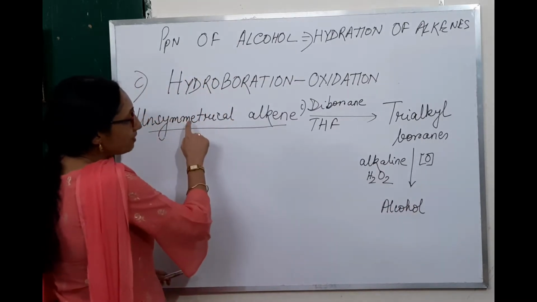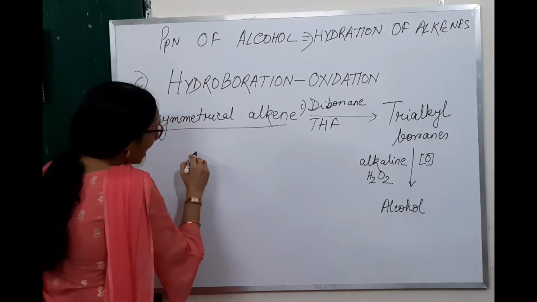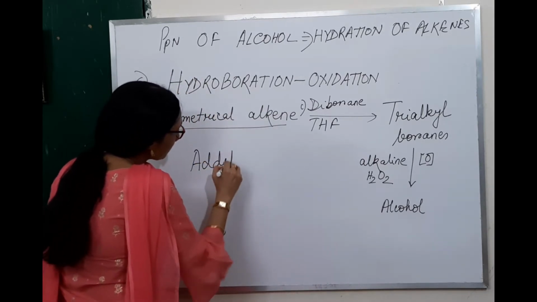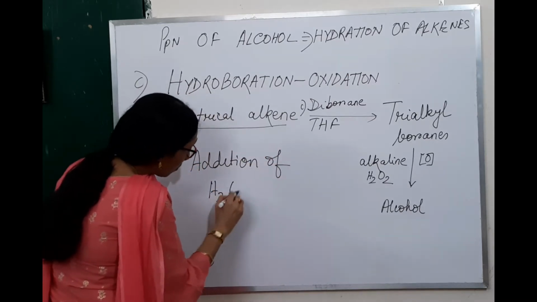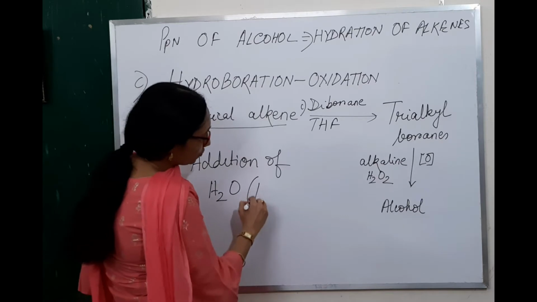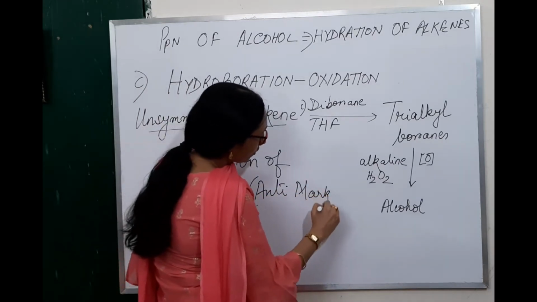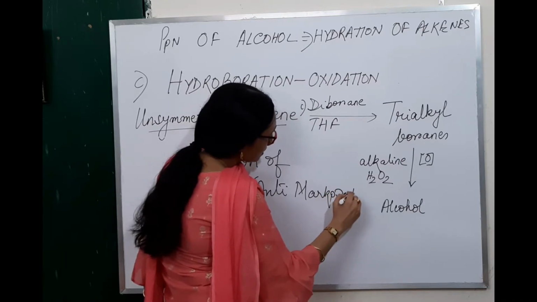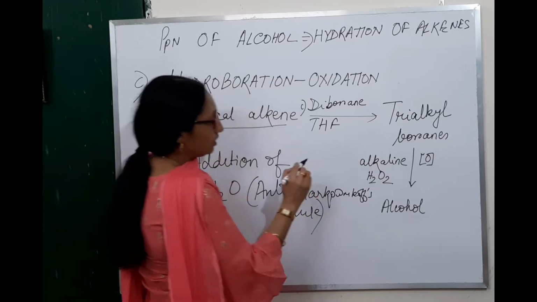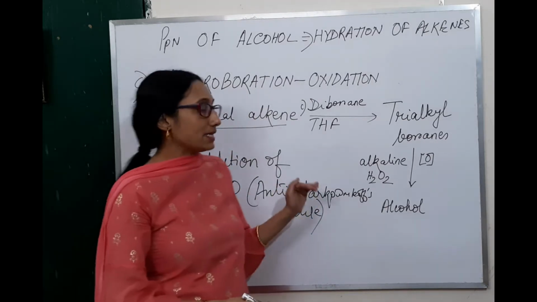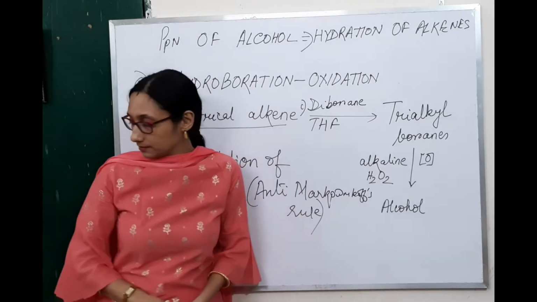Now this unsymmetrical alkene to alcohol is addition of H2O according to anti-Markovnikov's rule. Now we will see step by step how this is anti-Markovnikov's addition of water.